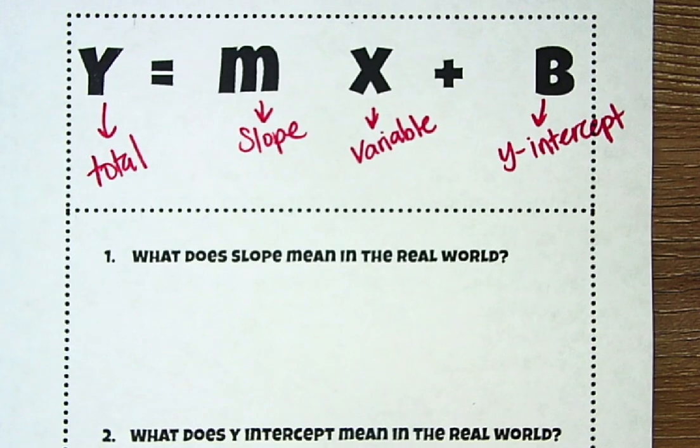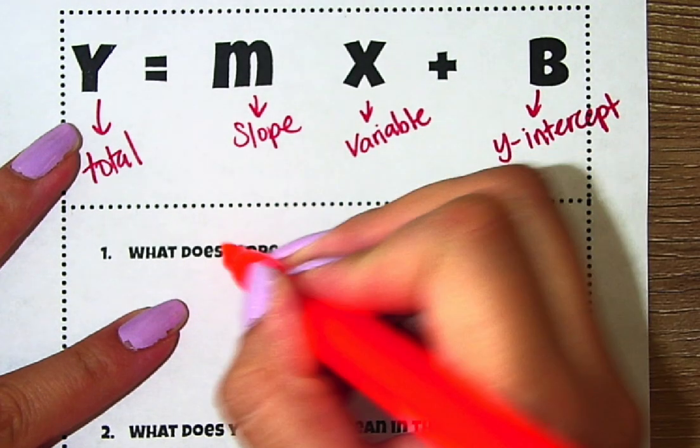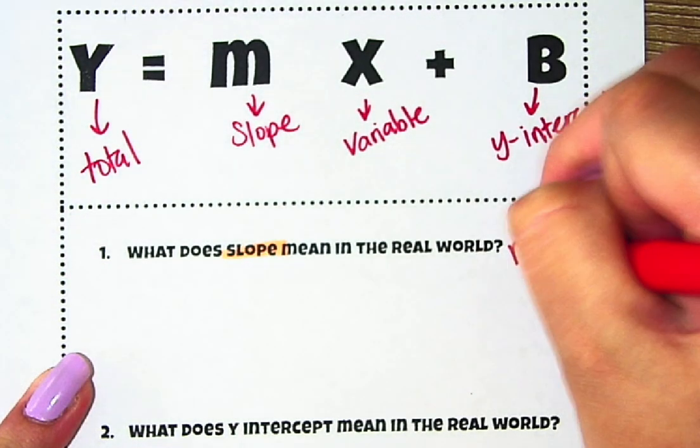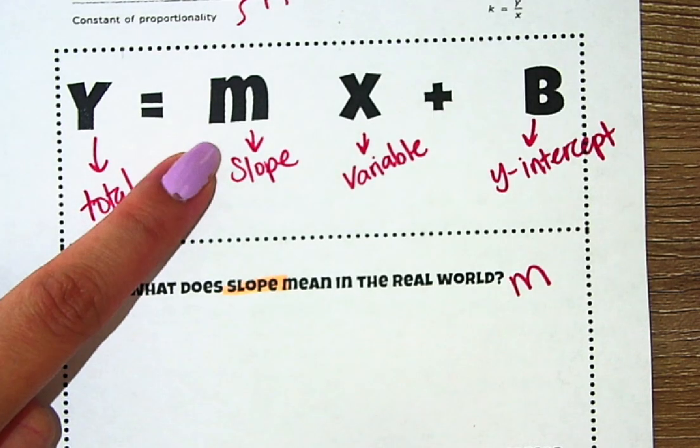So it says, what does slope mean in the real world? So we know that slope is the letter m. Okay, talking about this letter right here.